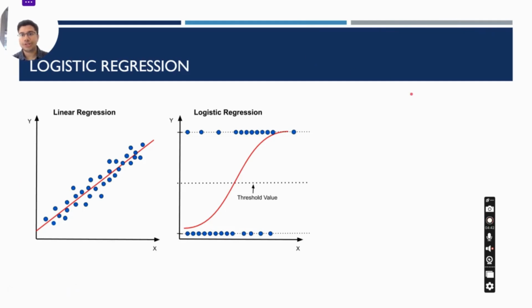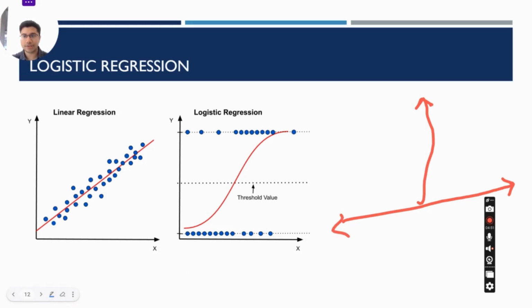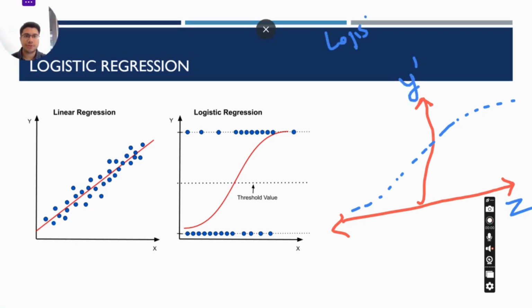The logistic function is represented by a curve which takes a shape something like this. Here we have Z and here we have Y. We are discussing the logistic curve, or the logistic function, also known as the sigmoid function.